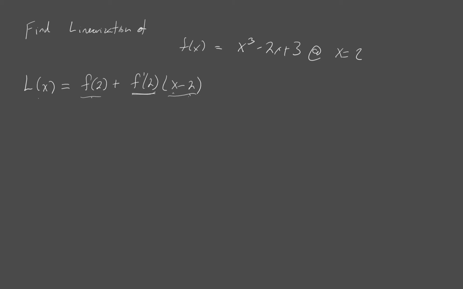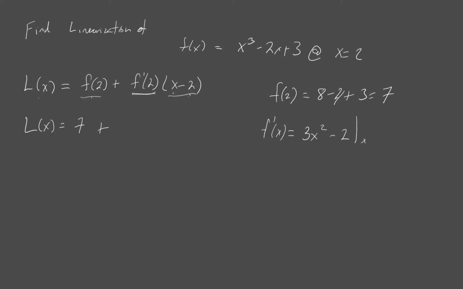Okay, so let's fill in these things. If I put 2 into this expression, we get 8 minus 4 plus 3, which is 7. So this is going to be L of x equals 7 plus, I need to take the derivative, f prime at x is 3x squared minus 2.